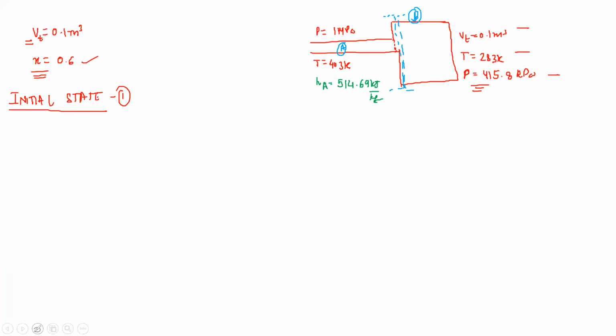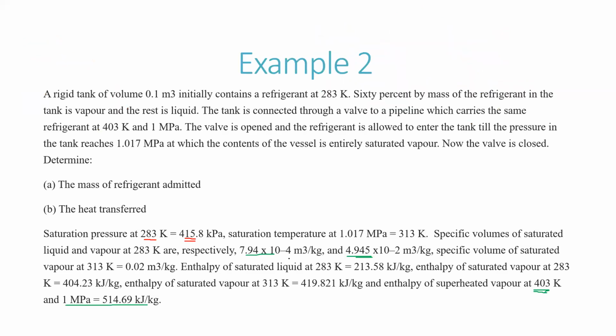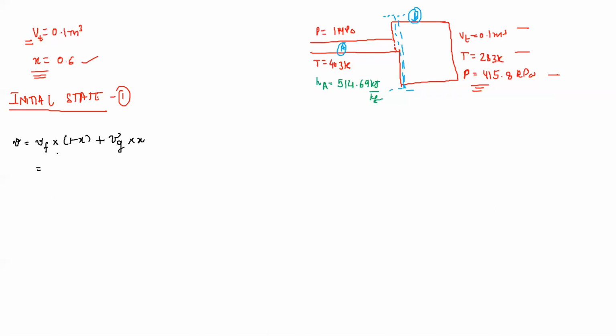Okay, so in the initial state, when I calculate the specific volume, it is going to be the specific volume of liquid into 1 minus X plus specific volume of saturated vapor into X. All right. So specific volumes are given 7.94 into 10 to the power minus 4 and 4.945 into 10 to the power minus 2. And X is given to be 0.6. So from here, the specific volume comes around 0.03 meter cube per kg.